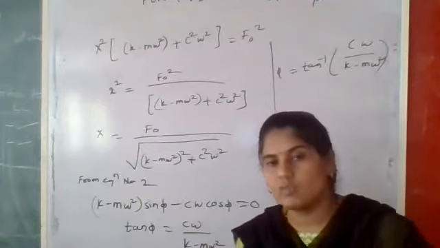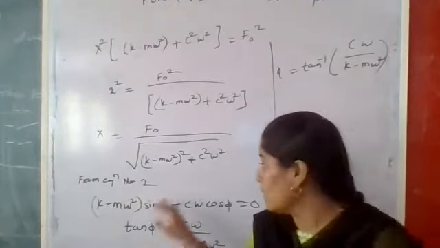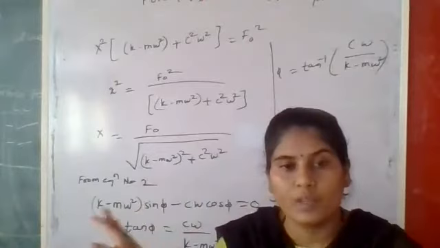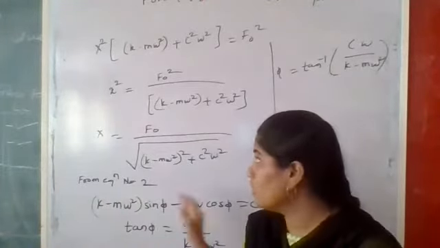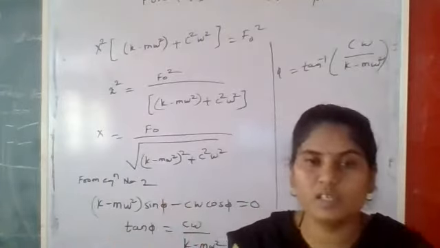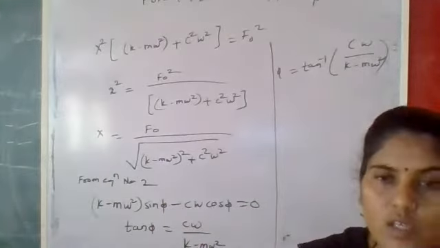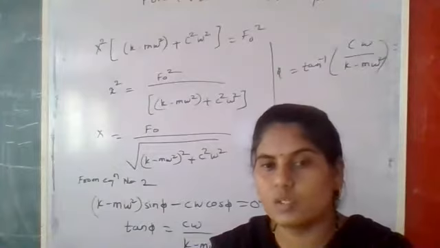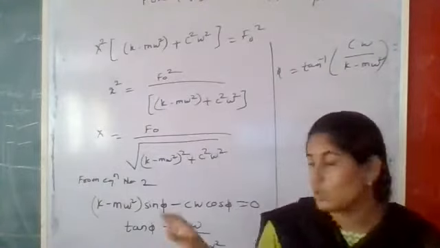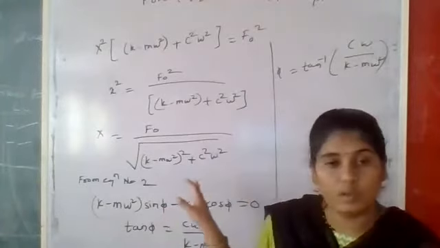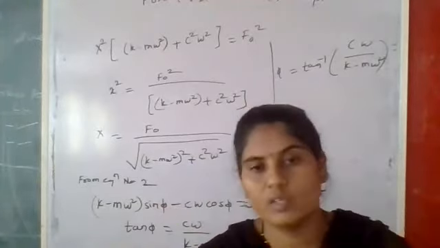For solving this equation, we have come up to x of t equal to, we have taken, X cos of omega t minus phi. By putting the values of x in terms of equation number 1, that is m x double dot plus c x dot plus k x equals f naught cos omega t, and solving this, we get equation number 1 and equation number 2.